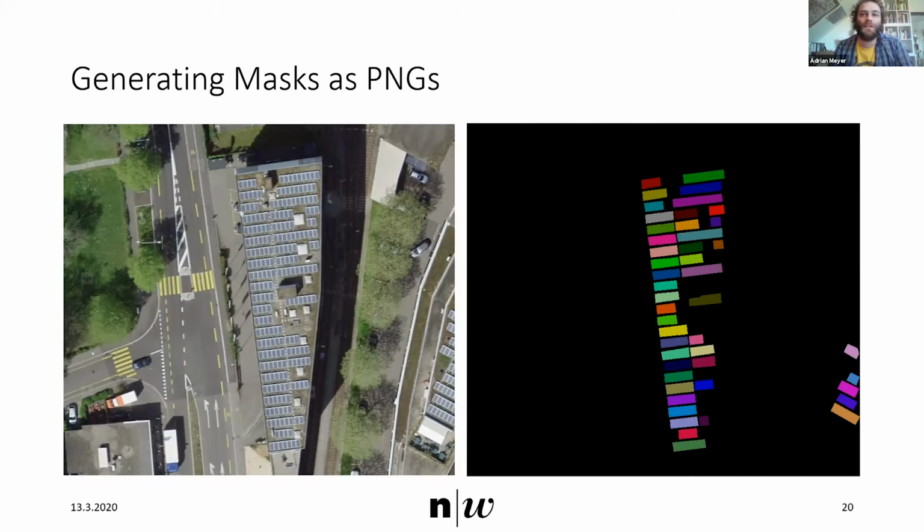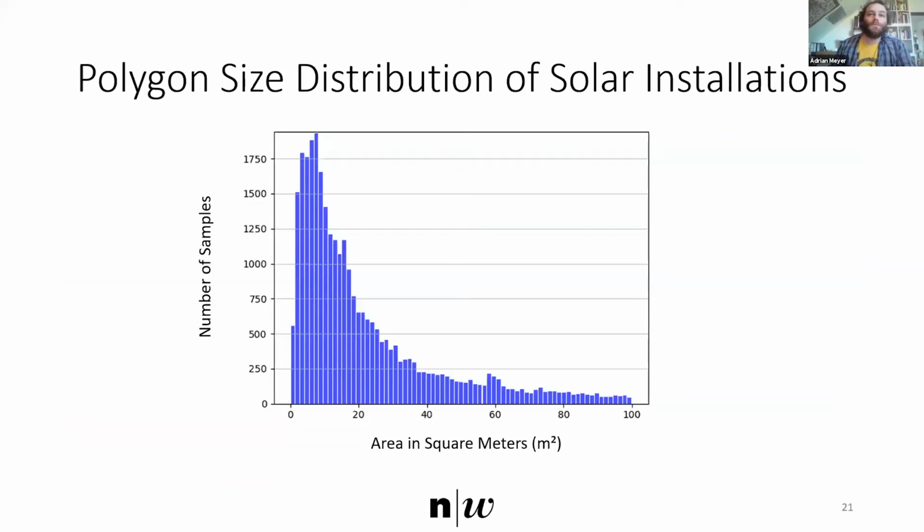You can see that here they have all different colors, so this gets encoded as RGB values. If you look at the distributions, there are few installations that are really large, in areas of about 100 square meters per unit, so per consistent area, but the vast majority is actually smaller than 20 square meters.